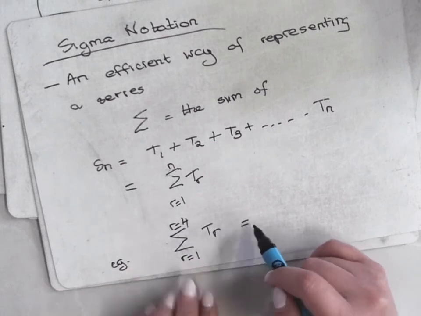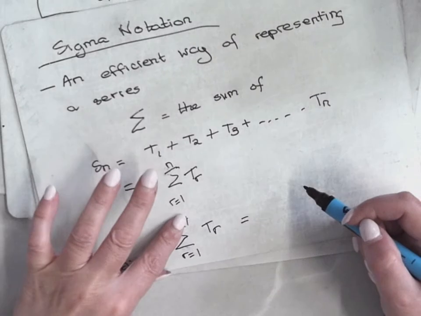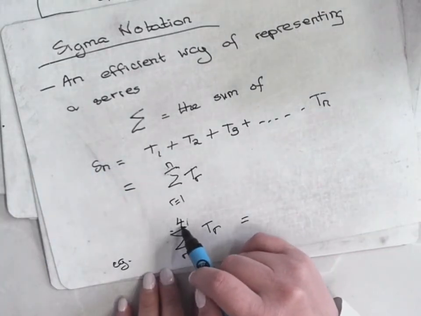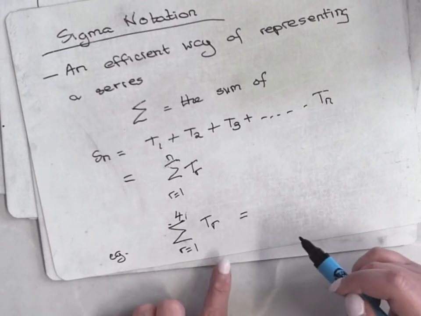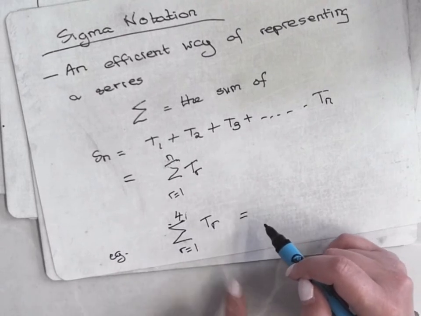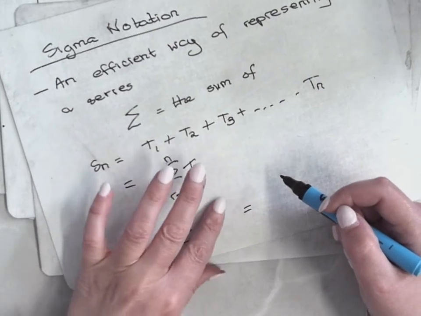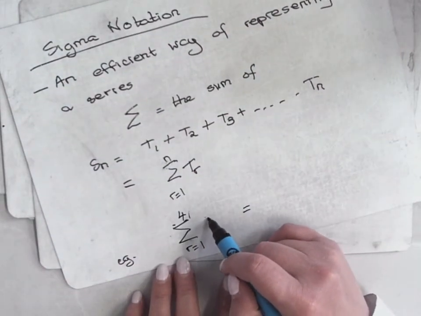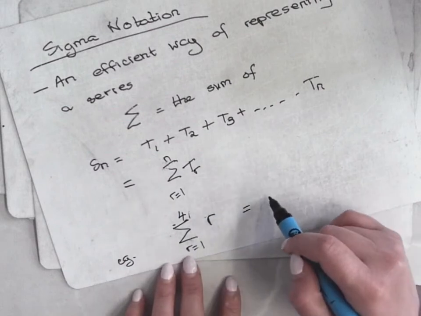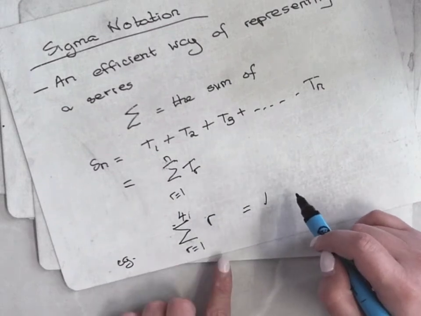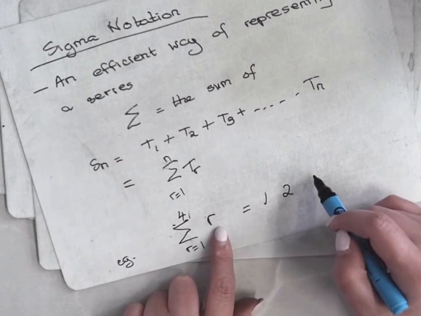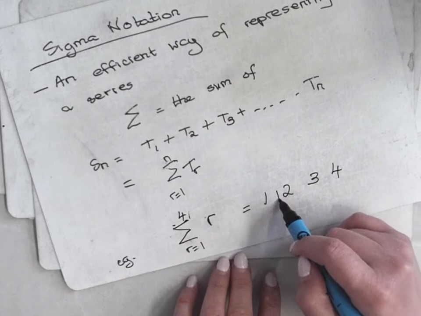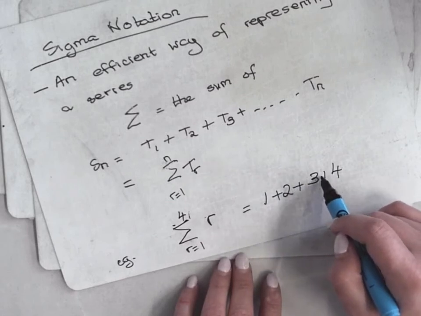That would mean put in a 1 for r, then a 2 for r, then a 3, and then a 4 for r, and sigma means the sum of, so you just add all your answers.